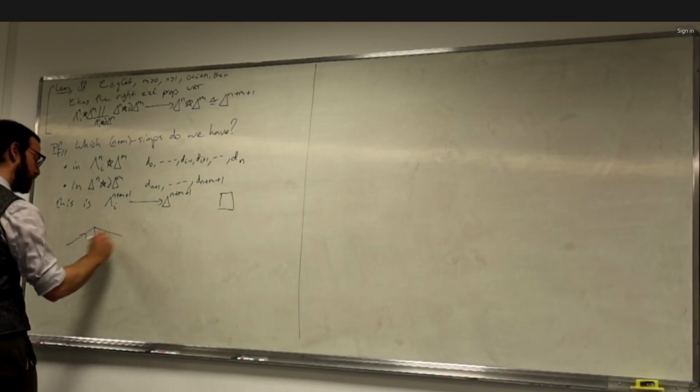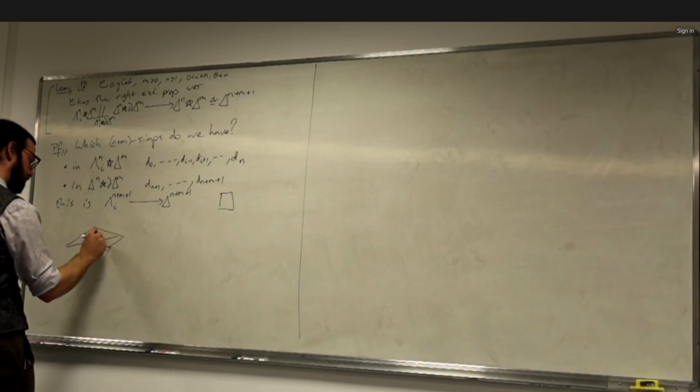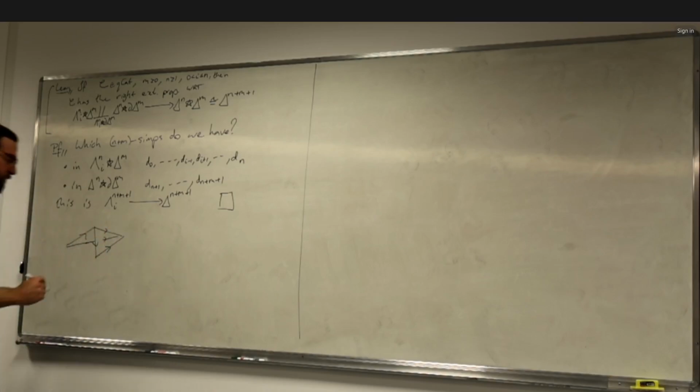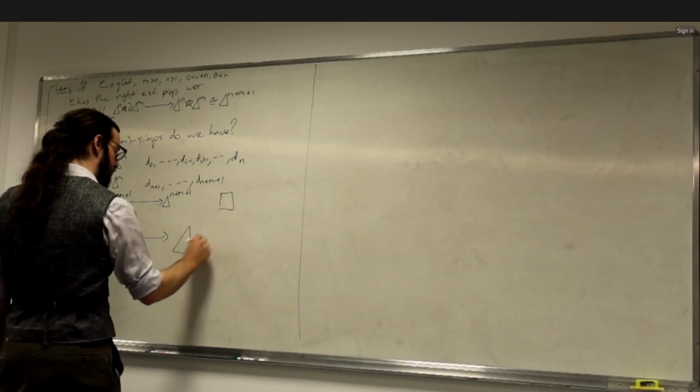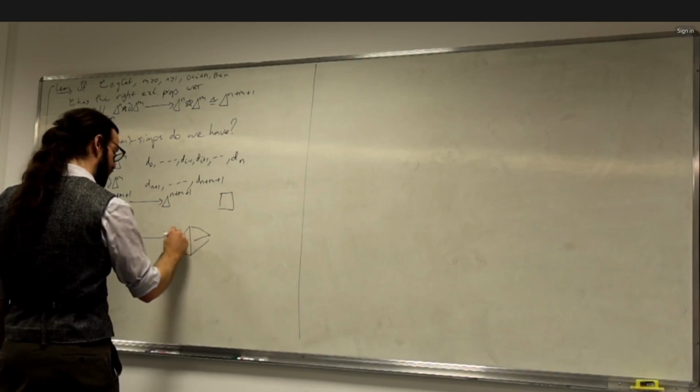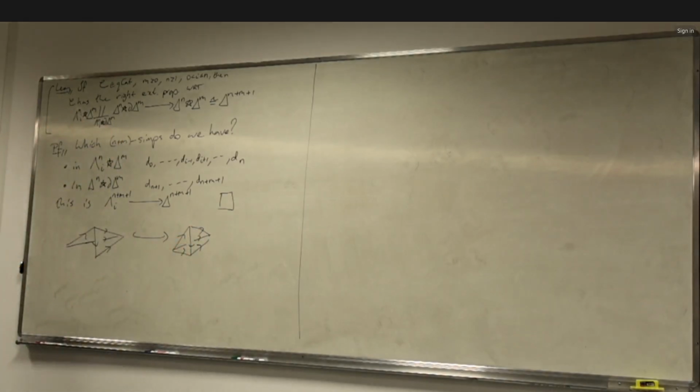Let me just show what you would do if you wanted to show that this inclusion that I've drawn here could in fact have the correct lifting property. This is no longer just a horn, it's a little more complicated. Well, what you do is you factor it.